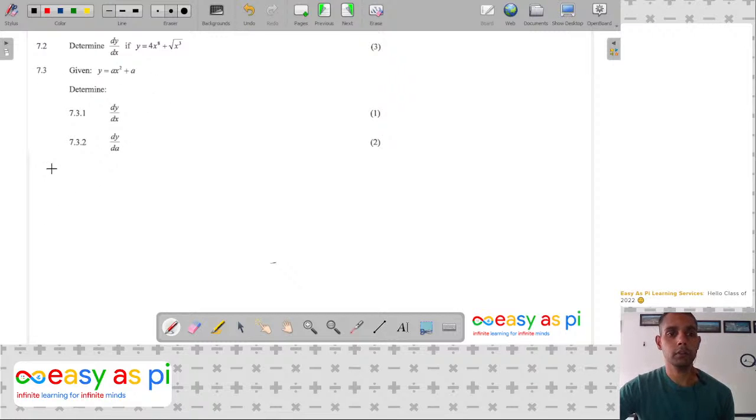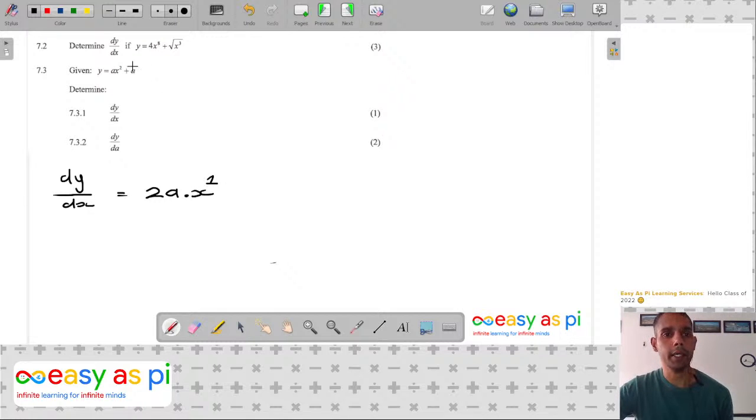So we're given y is equal to ax squared plus a, right? And they say determine the derivative dy dx. Now remember, dy dx is differentiate y with respect to x. So in this case, if you look at the x squared, we know that 2 will come down, so that becomes 2a x, and then I take away 1 from the 2, and that becomes x to the power 1.